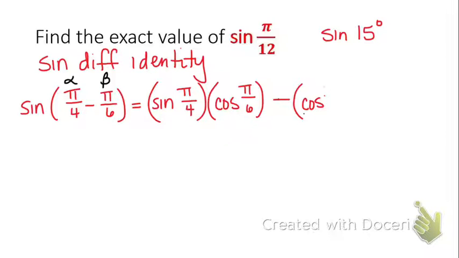So it's the cosine of your alpha angle, which is your bigger angle, which is going to be pi over 4, times the sine of the smaller angle. All right, so go ahead, take your unit circle out and figure out these 4 numbers from your unit circle.